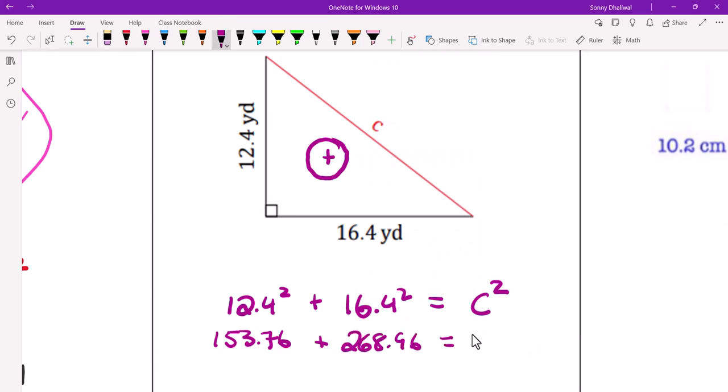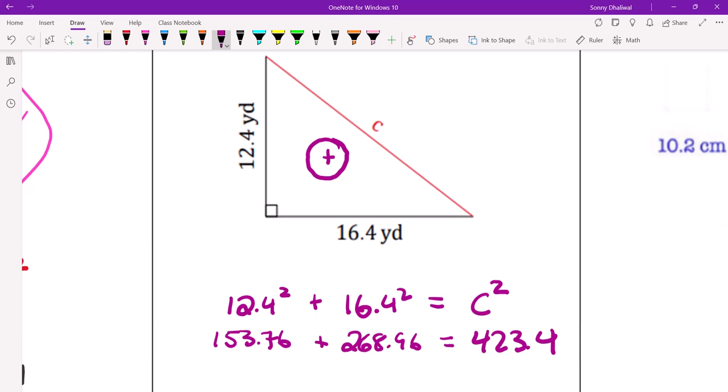And what does it equal? We add those two numbers together. I'll leave that to you guys. What do we get when we add those two numbers together? A number in the 400s. 423.4. See, I was right. A number in the 400s.